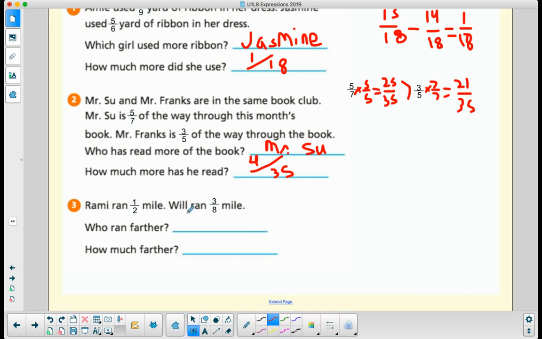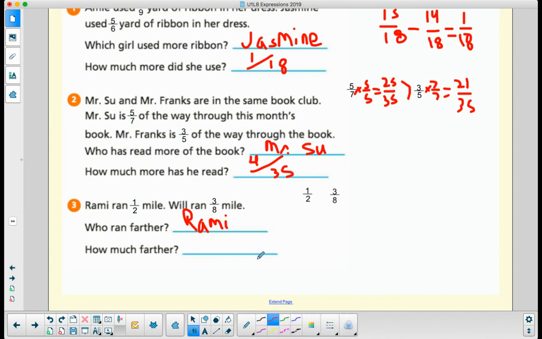So I know right there, Rami ran further. Since I know Rami ran further, Rami is going to be the first one in my equation, and Will's will be the second.